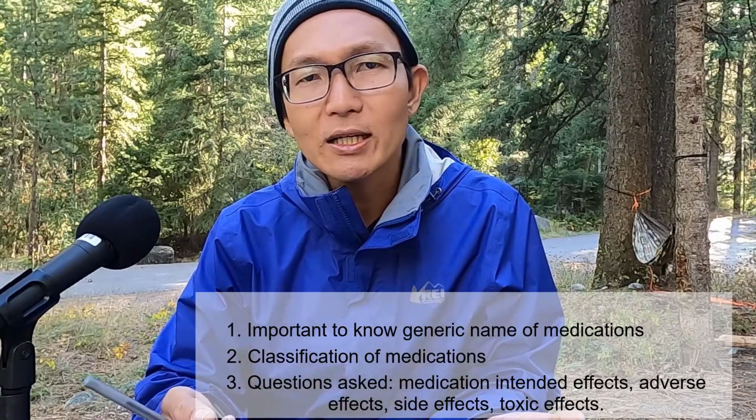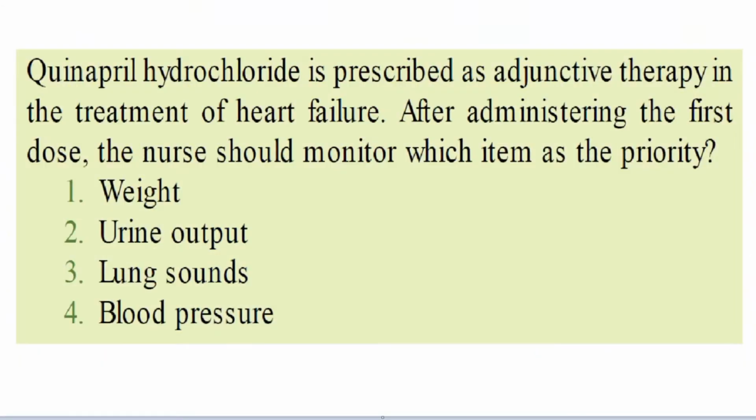Okay, let's look at an example of this type of question. Quinapril hydrochloride is prescribed as an adjunctive therapy in the treatment of heart failure. After administering the first dose, the nurse should monitor which item as the priority. So look at the keyword for this one and focus on the name of the medication. The keyword will be priority.